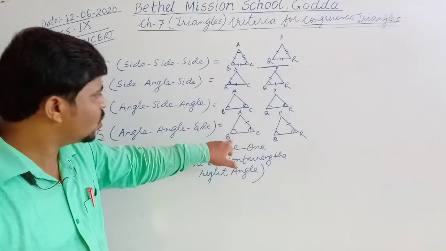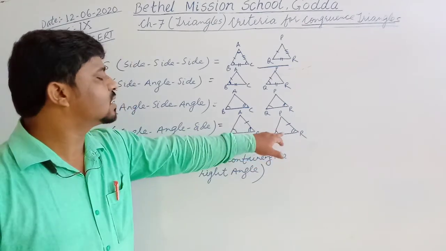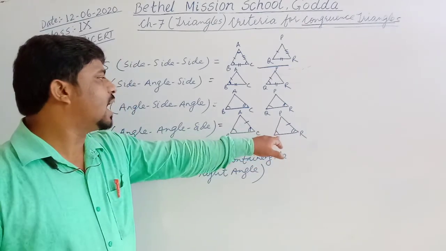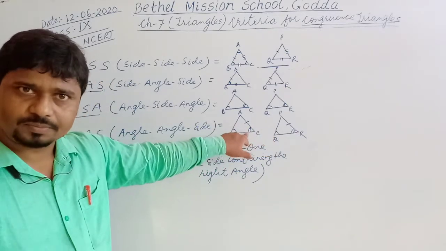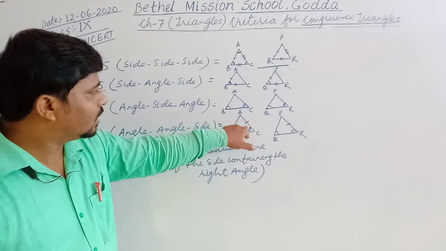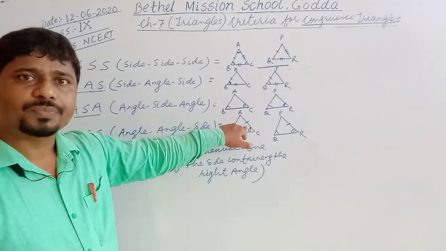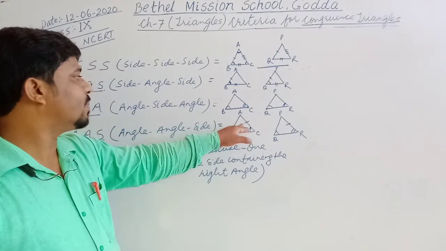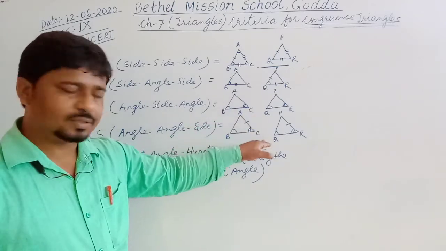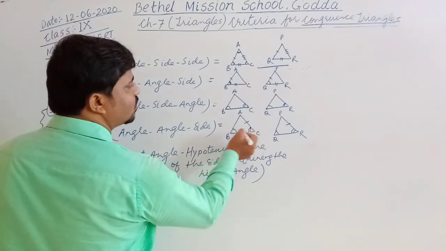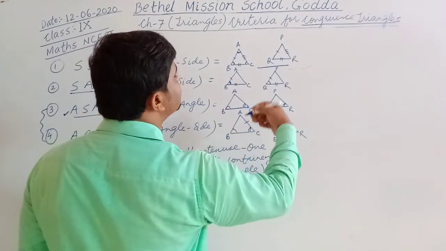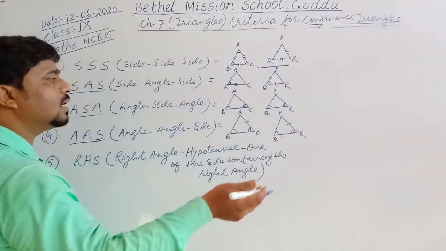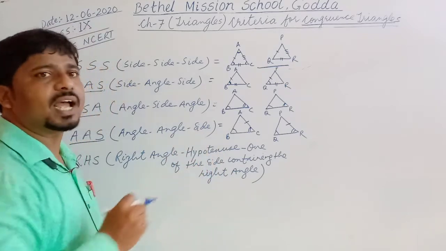I have taken two angles and the side which is not included by those angles. I have taken another side. So that side can be AB or AC. Two angles and included side I did not take. I have taken two angles and side other than the included side.